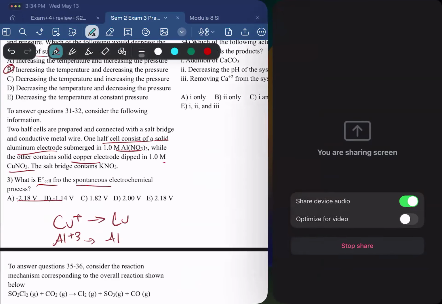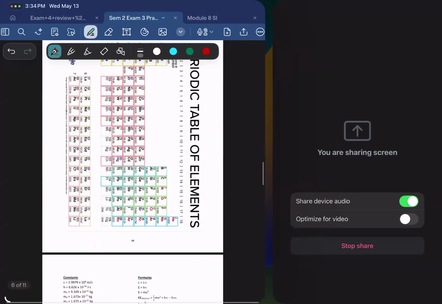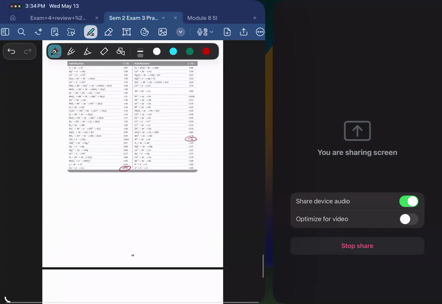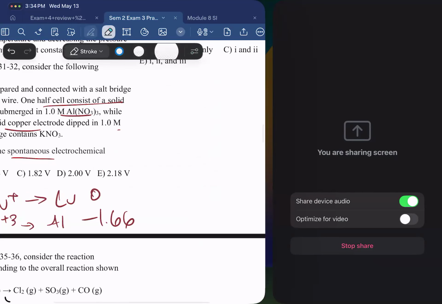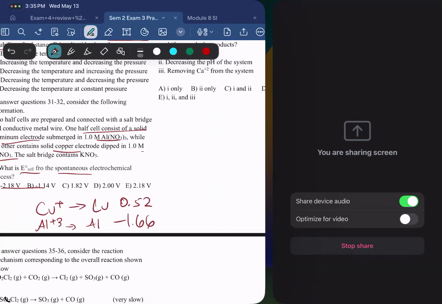Another way to figure this out without needing to plug in values is if you know that the more negative E value you have, the more likely it's going to be the anode. So in this case, we see that copper has 0.52 and aluminum has negative 1.66. So the more negative or the lower value is going to be the anode. So that's how I would figure this out.